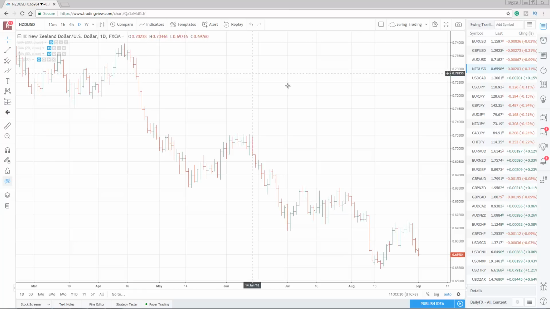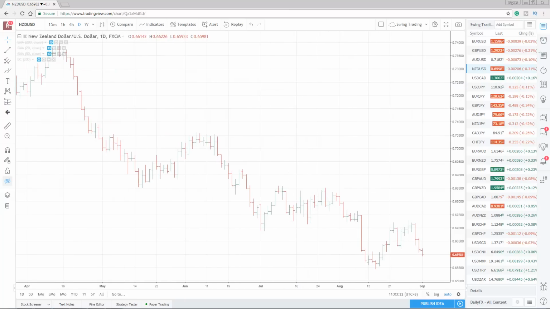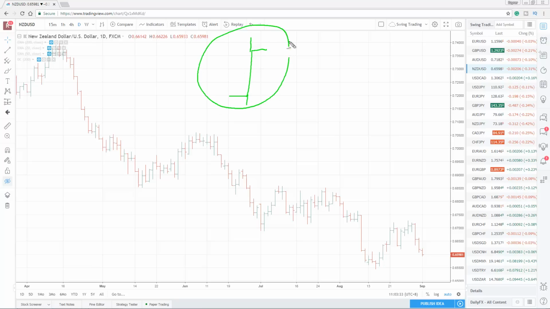Moving on, we have what we call a bar chart. A bar chart looks slightly different, so I'm just going to share with you how to interpret it. Let's talk about the green one you see over here. The green one typically means the price goes up. So in this green bar, the closing price is above the open.